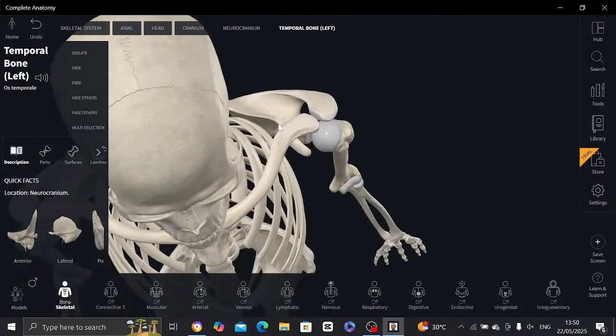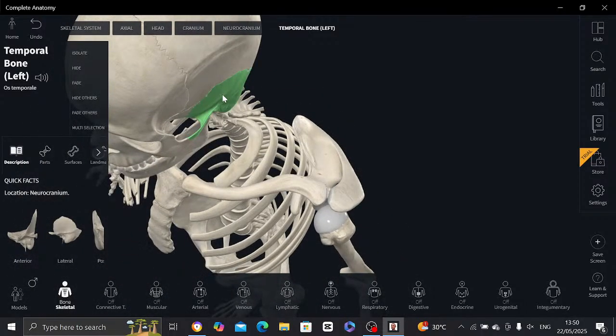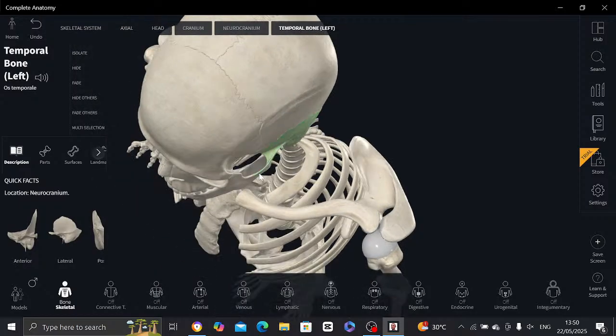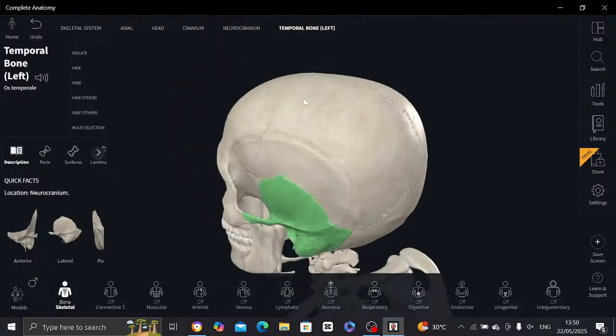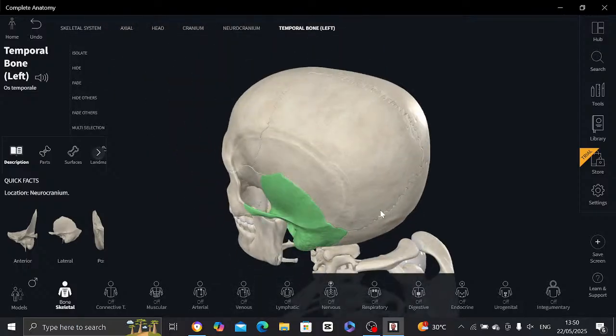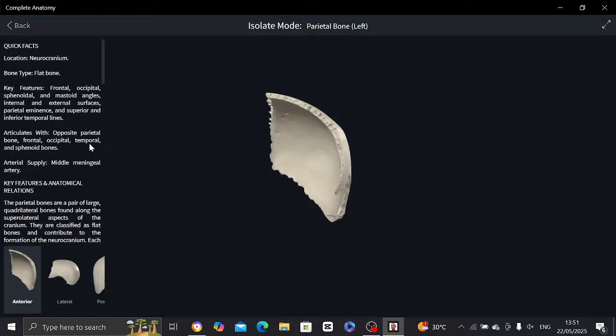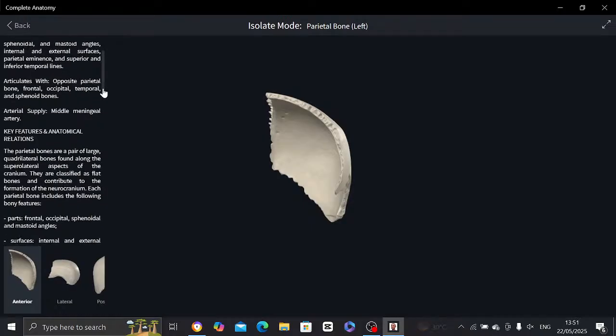I'm still getting used to this control. So we have the frontal suture, the sagittal suture, the lambdoid suture. Let's see some of the important descriptions. It articulates with the frontal, occipital, temporal, and sphenoid bones, just as we've said.